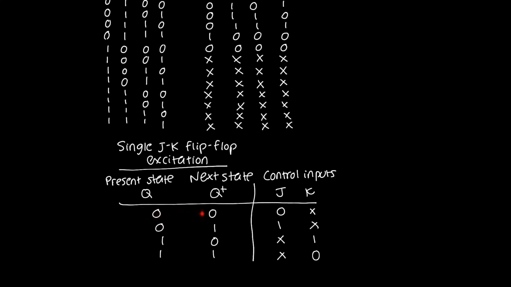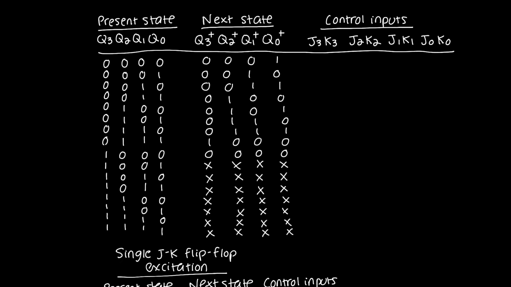For the 0 to 0 transition, I know that I need to have J and K equal to 0 and X. And again, over here, I have a 0, 0 transition. So that's 0X. Again, 0, 0. So that's 0X again, and 0X again, and 0X for quite some time.